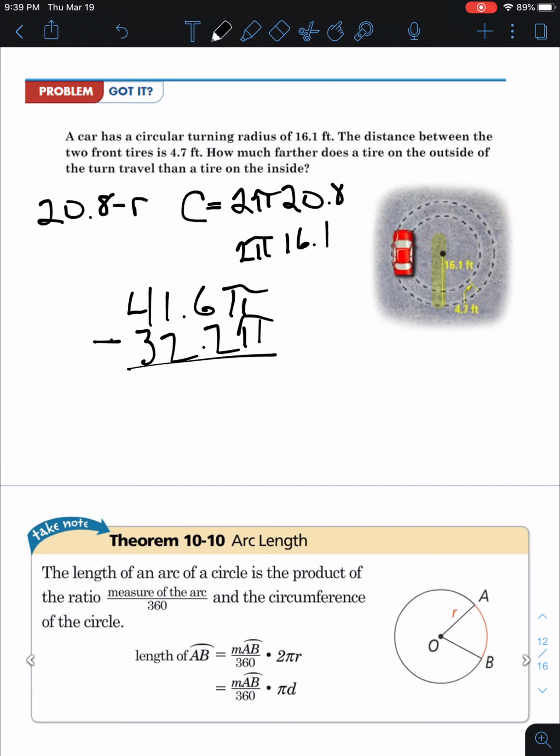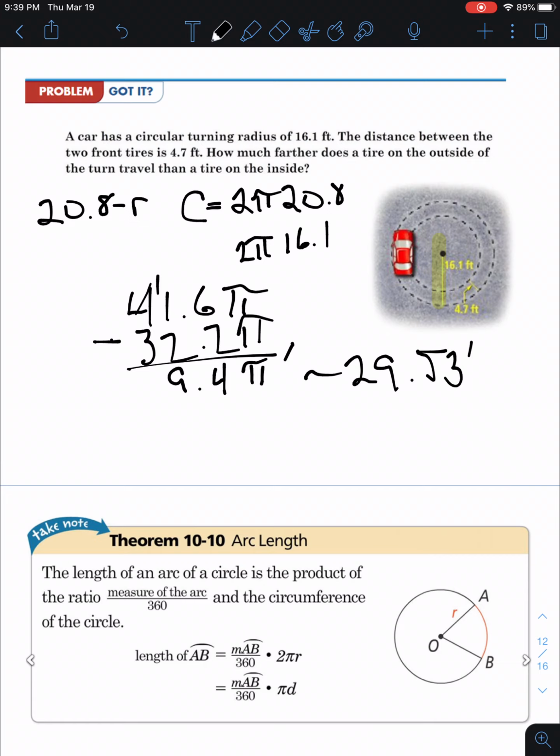And if you subtract those, we get 9.4 pi, and that's in feet. 9.4 pi feet, which is approximately 29.53 feet.